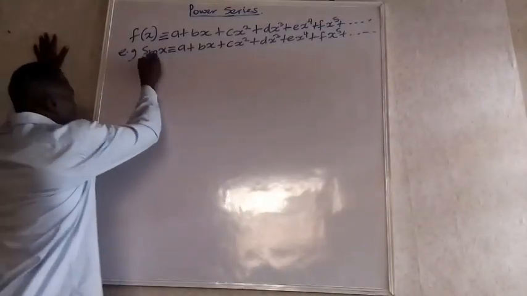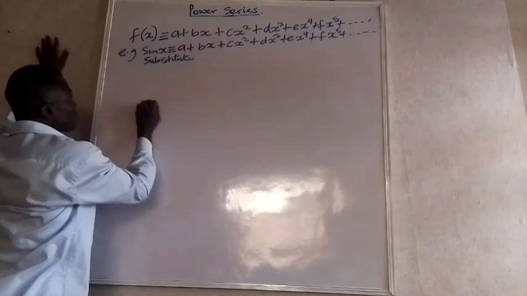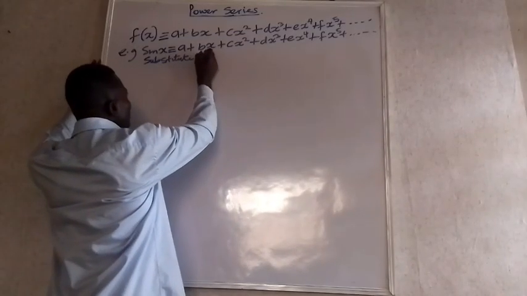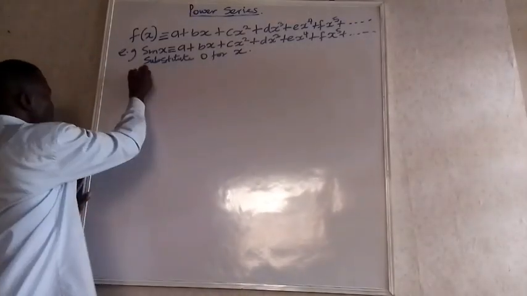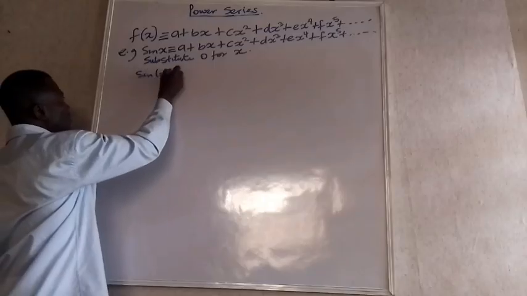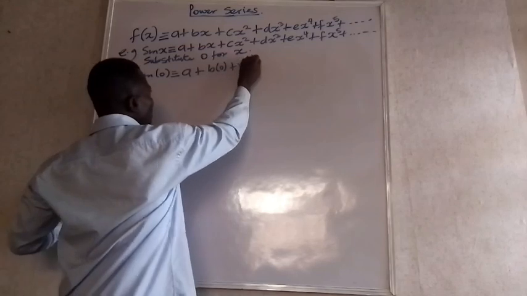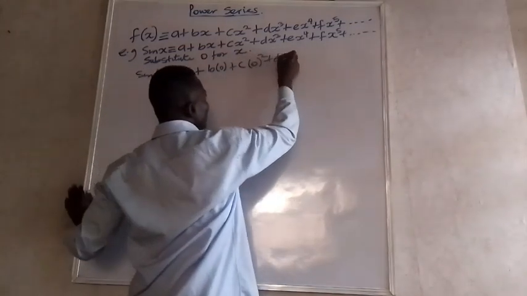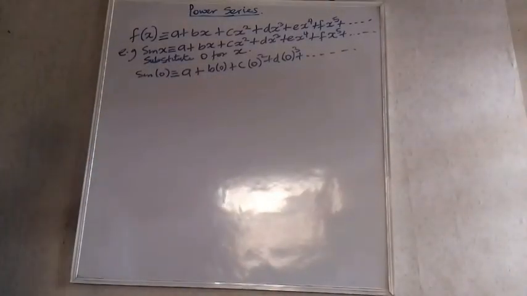Now, let's do that. Substitute 0. So what does that give me? Sin 0 gives me a plus b into 0 plus c into 0 squared plus d into 0 cubed. You get that? And why do we call it power series?